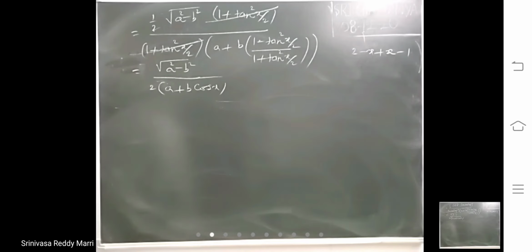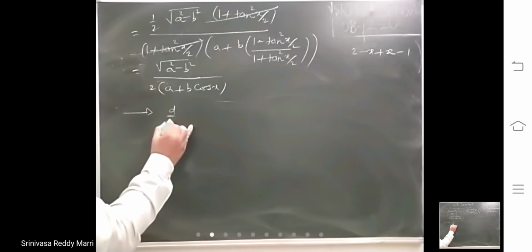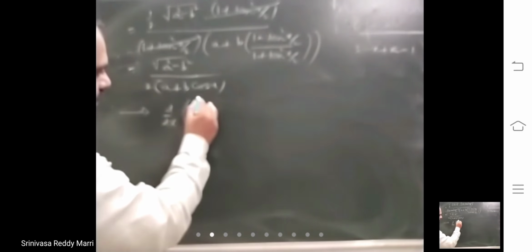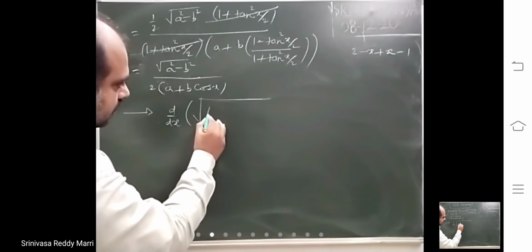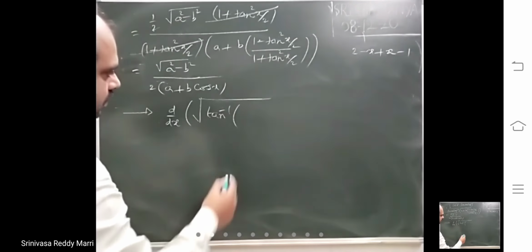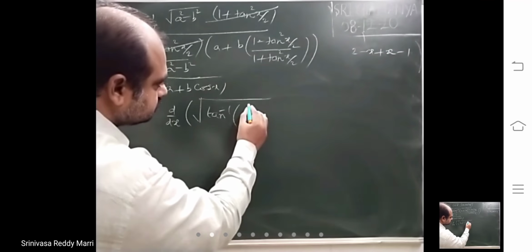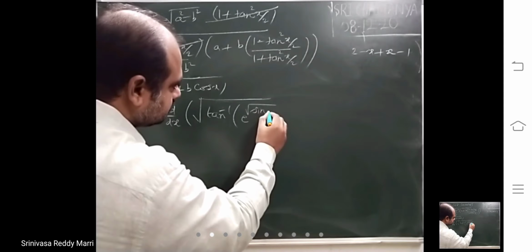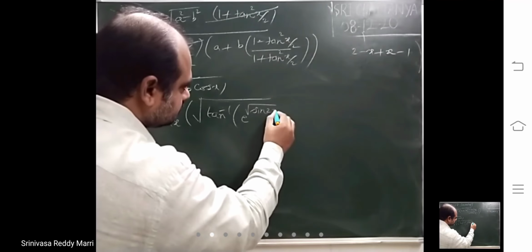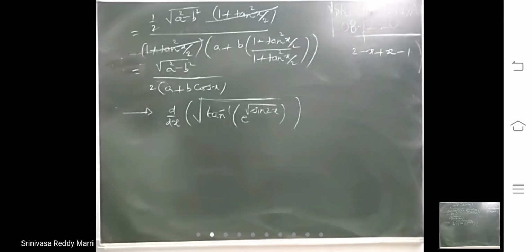Next, suppose you have to find the derivative of this: d by dx of root of tan inverse e power root of sine 2x.